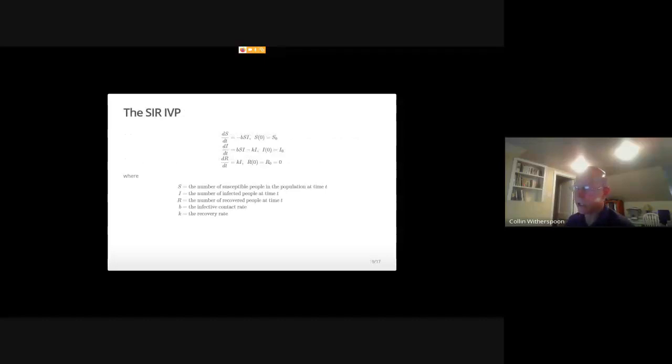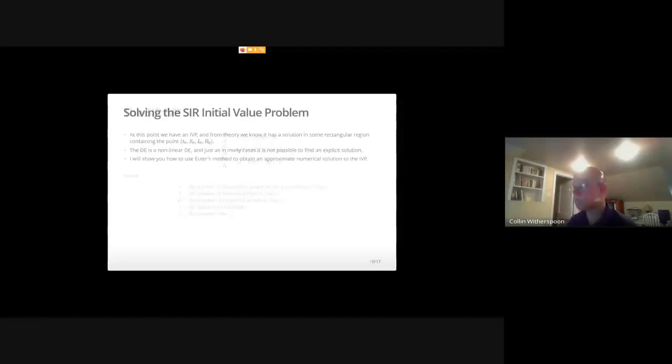It's nonlinear because you have that SI term in there, that product of 2 of the dependent variables, which forces it to be a nonlinear system of differential equations, okay? So none of the methods that you've perhaps done at this point, you wouldn't be able to use those to solve this system of differential equations.